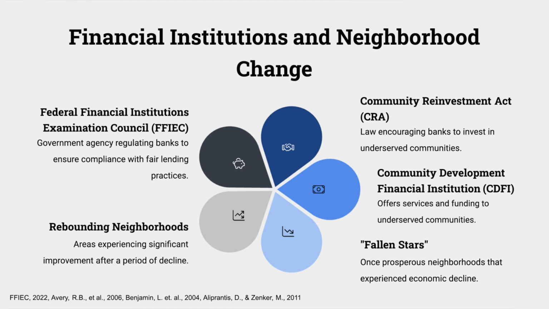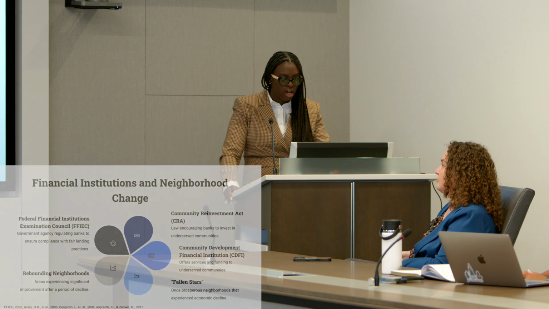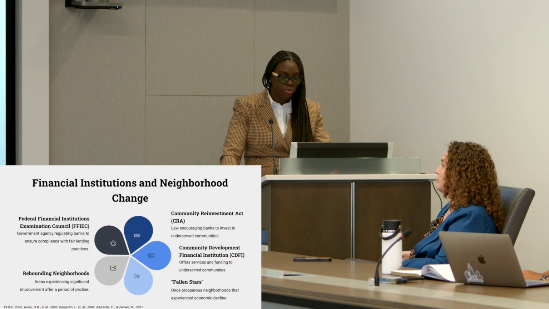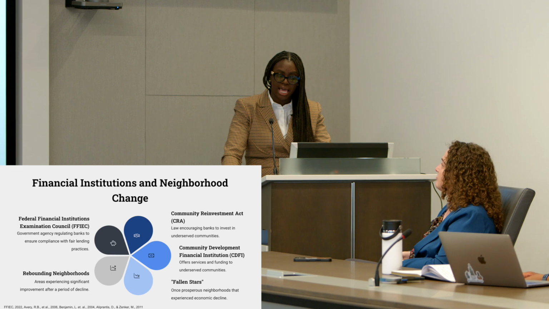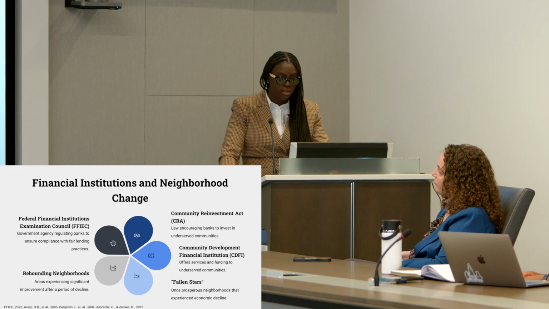And last but not least, the Federal Financial Institutions Examination Council, also known as the FFIEC, a government agency regulating banks to ensure compliance with fair lending practices. The Community Reinvestment Act, also known as the CRA, a law encouraging banks to invest in underserved communities.